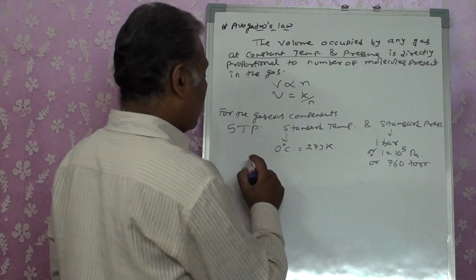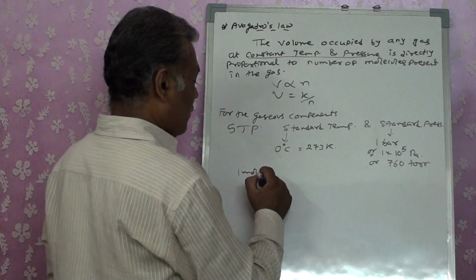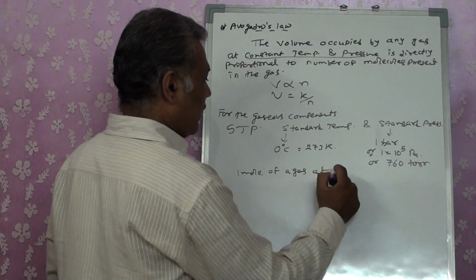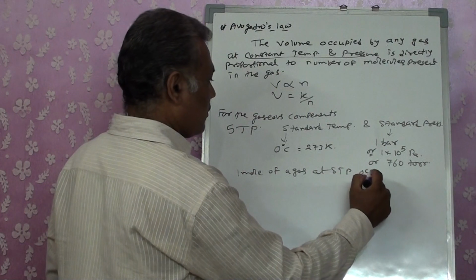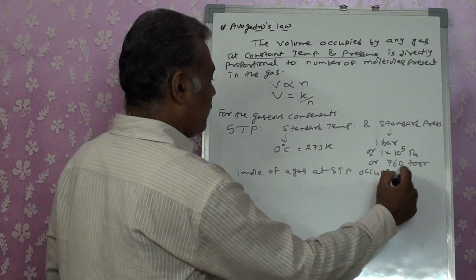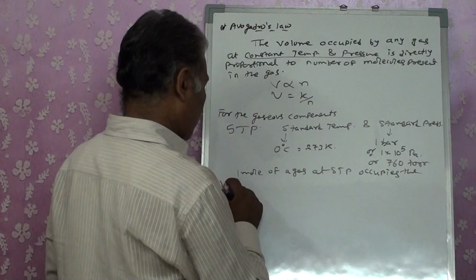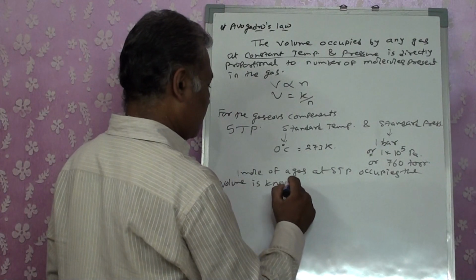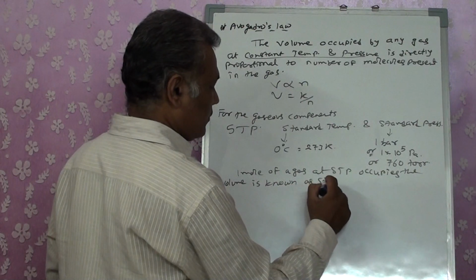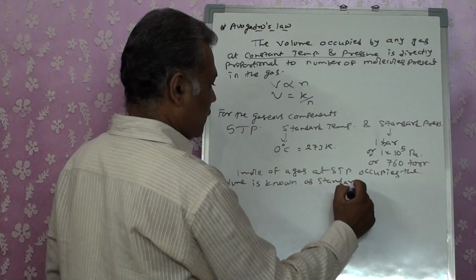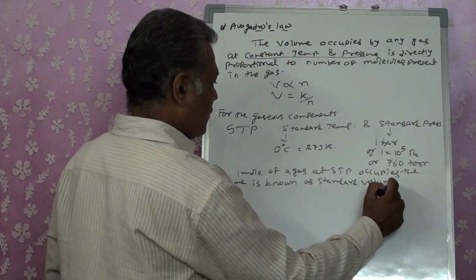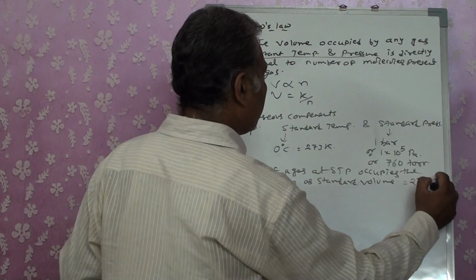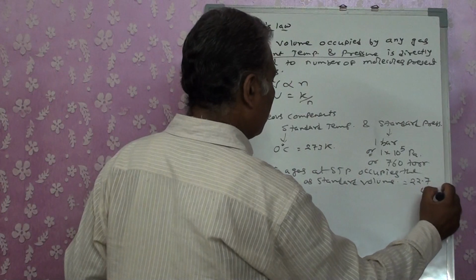So if I say 1 mole of a gas at STP occupies the volume, it is known as the standard volume, and its value is 22.7 liter per mole.